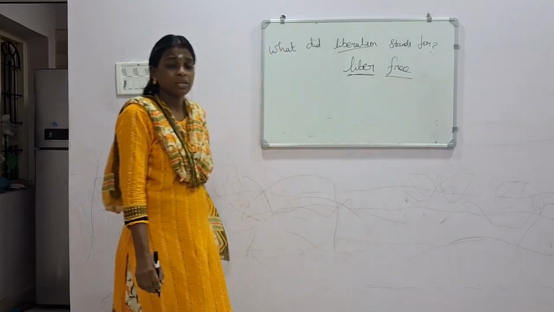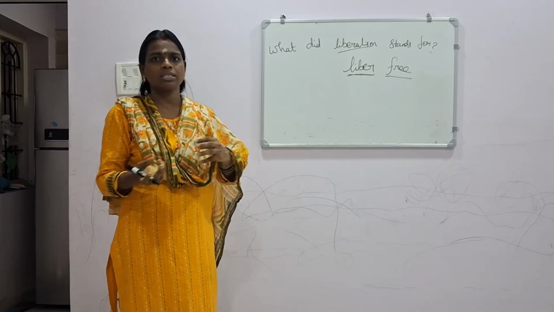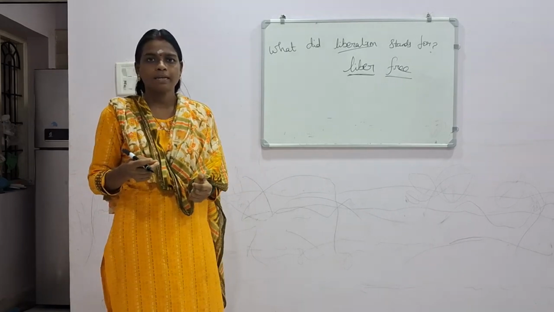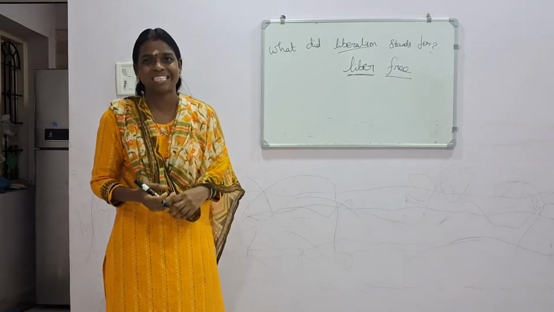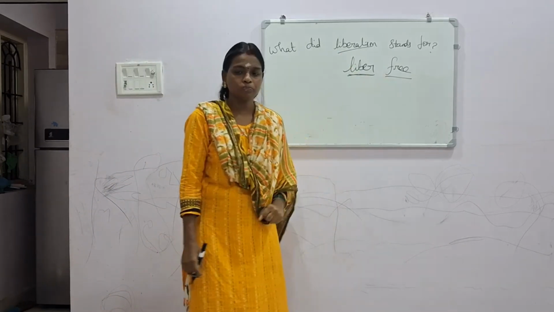Liber means free, in other words freedom. So whatever you want to do, without asking anyone, without getting permission from anyone, if you are doing it instantly, that is the kind of liberalism or liberalization. So liberalization is a word which derived from liber, which means free.